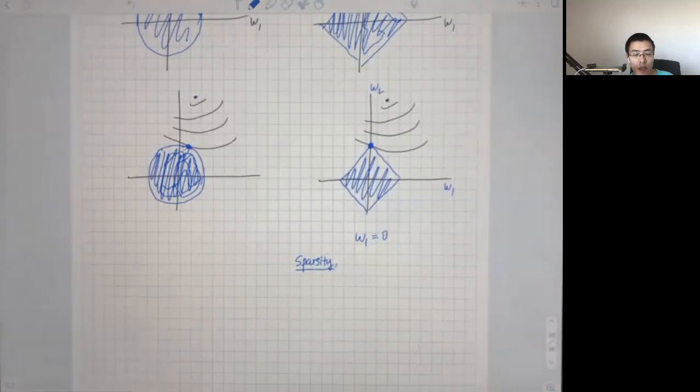Sparsity is not a mathematical definition because I cannot say how large a portion of values being 0 counts. So maybe 90% or sometimes 99% if you are doing genotype, you have many genes. So it's really sparse, okay? But the important idea of sparsity is that the value must be exactly 0.